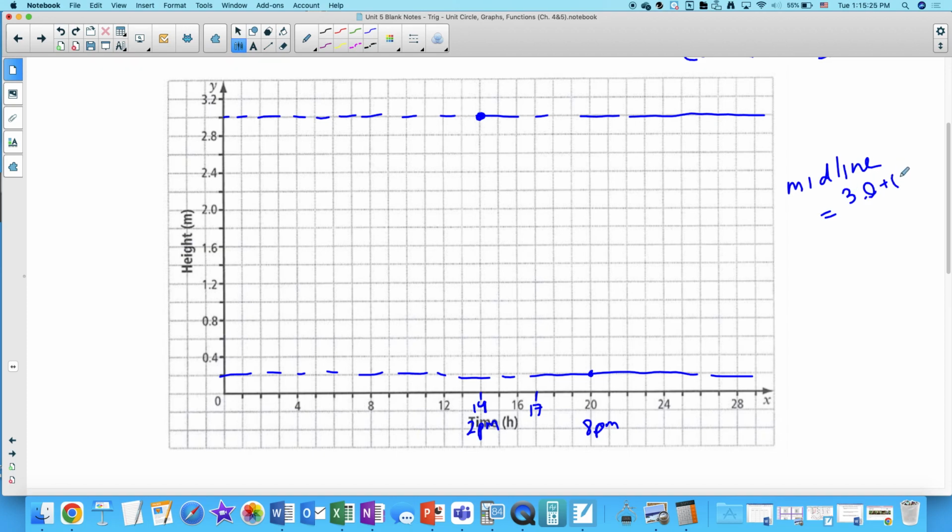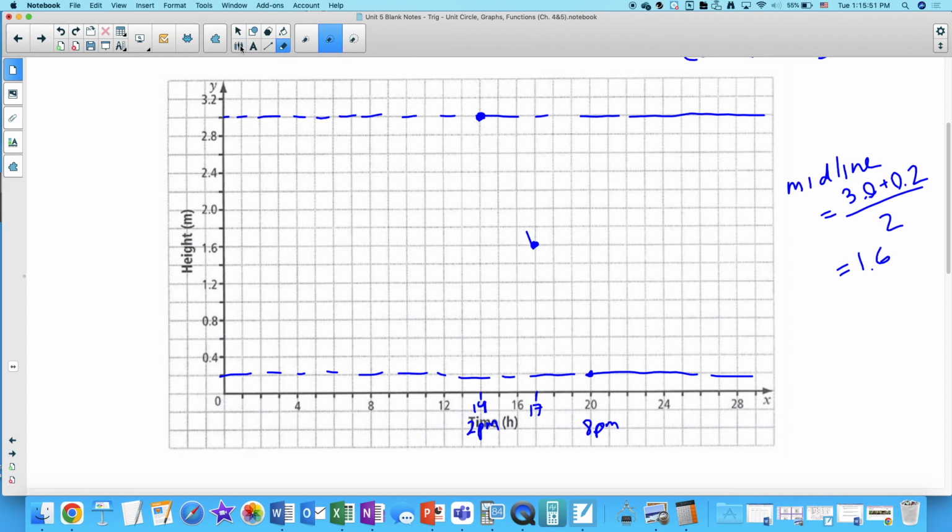So here at 5 p.m. or 1700 hours, I'm at 1.6. If I just sketch what's happening here, oh man, that's bad. Hold on, I have to do a better job of that. Okay, that's better.